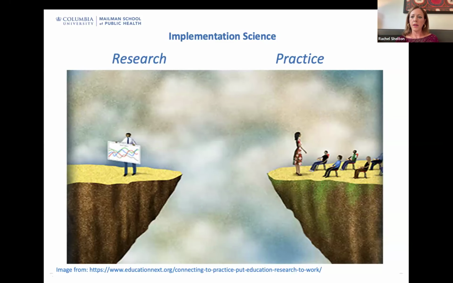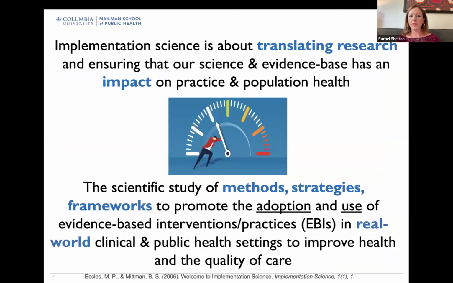And we know that there's been a tremendous gap. So the goal of this field is really about trying to better translate research into practice. It's about an actionable set of methods, strategies, and frameworks that unite around this goal of enhancing the widespread adoption, use, and delivery of evidence-based interventions in real-world community, clinical, and public health settings.